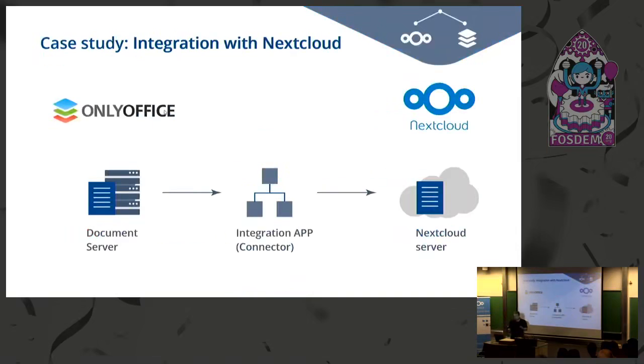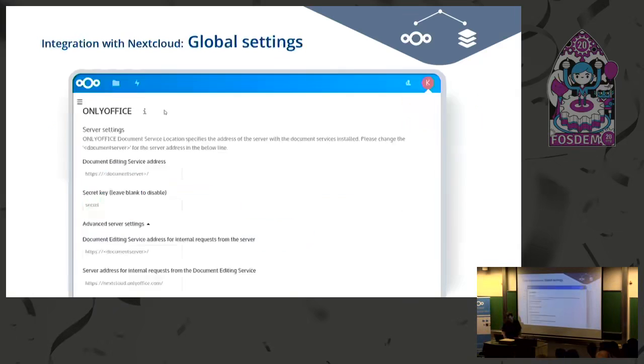Now, briefly explain how it looks like using the connector with Nextcloud. You need to create some kind of global settings and user settings when creating a connector to ONLYOFFICE. So you may create server settings using configuration of your server, but we did an admin menu for Nextcloud, and here you just see a few fields.